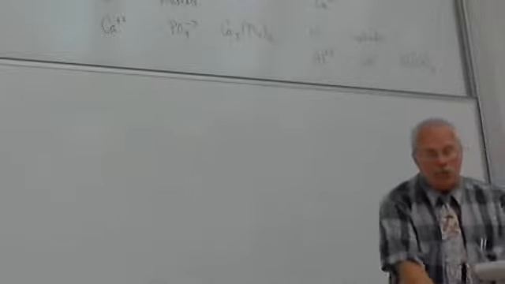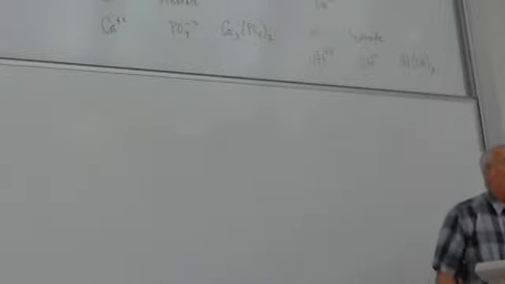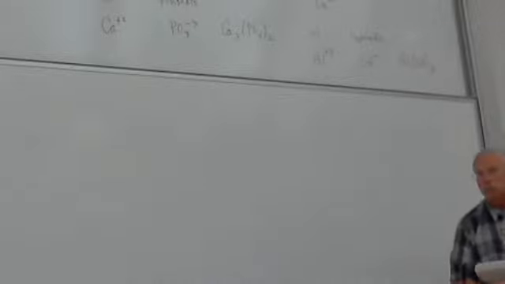But when chemistry started to get rolling a bit, they realized we can't continue to call everything by a common name. Because today there are over 50 million compounds known, and do you want to memorize 50 million different common names for compounds? Or should we establish some kind of system, some kind of set of rules? And so what we did was we locked some chemists in a room and told them they couldn't come out until they came up with a set of rules that made some sense.